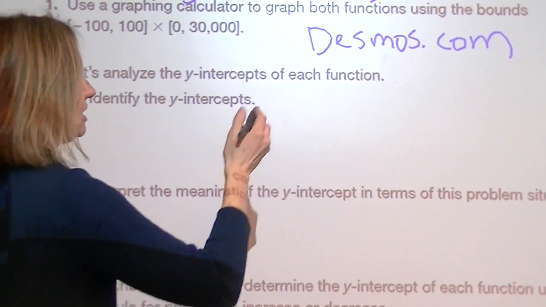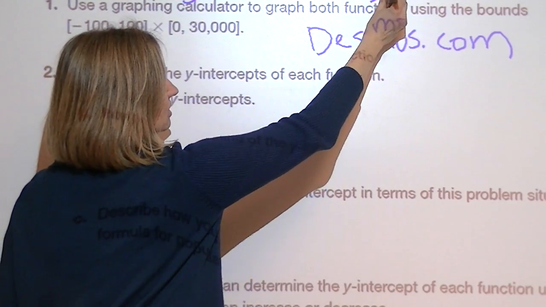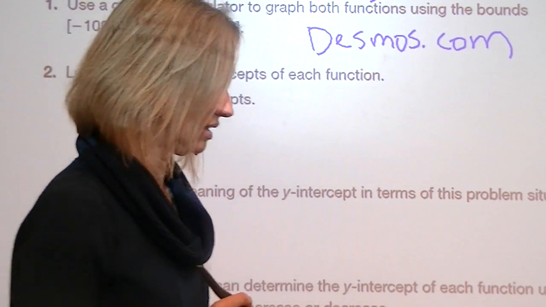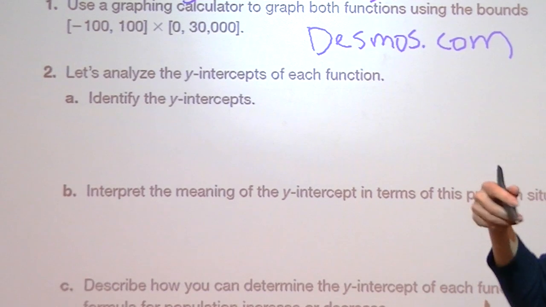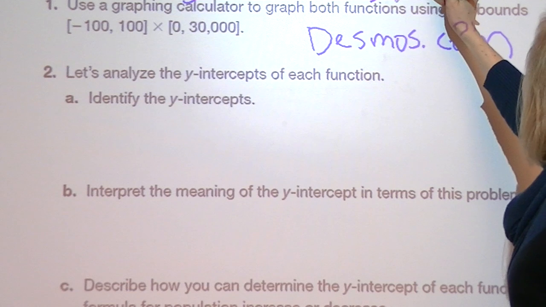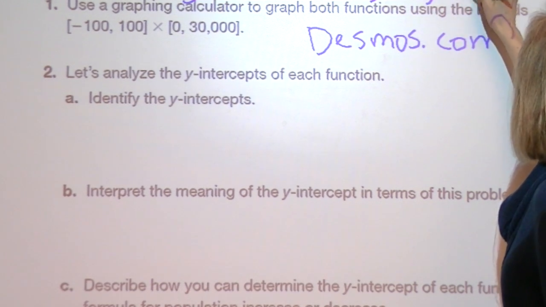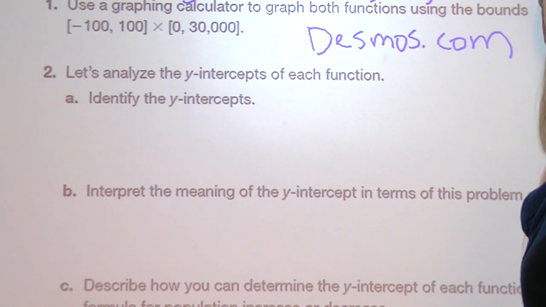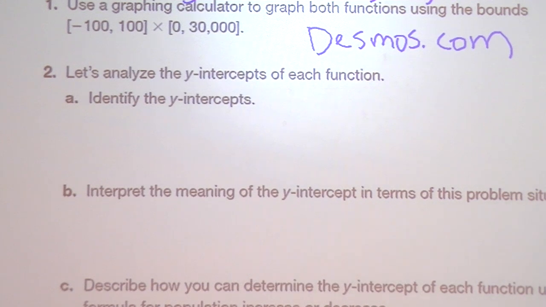And on Desmos, you'd have to do a little caret to make an x, but on a graphing calculator, you can find the exponent for x. Well, actually, maybe you have to use the caret there too. And then make sure you have that as a small x, an exponent x. Okay?